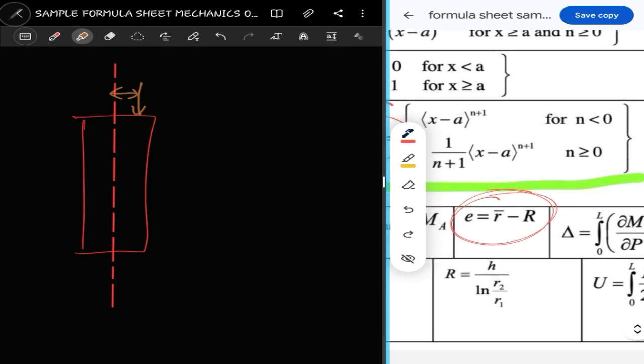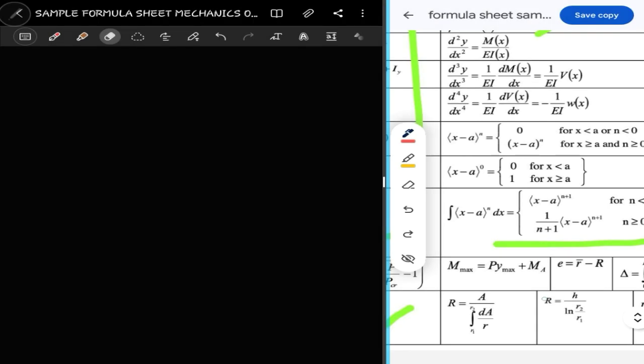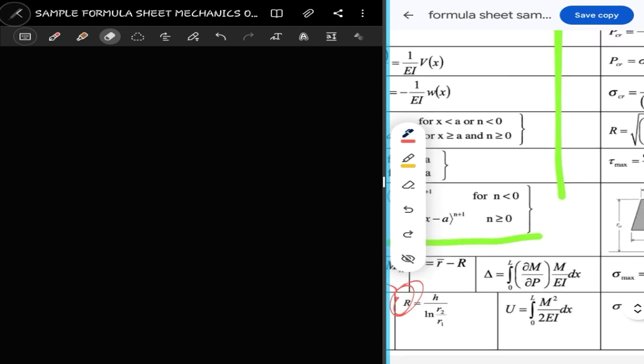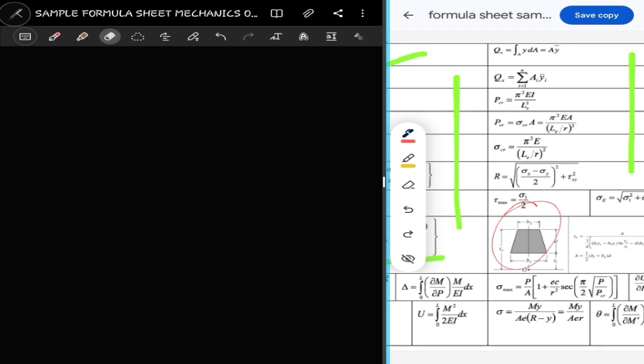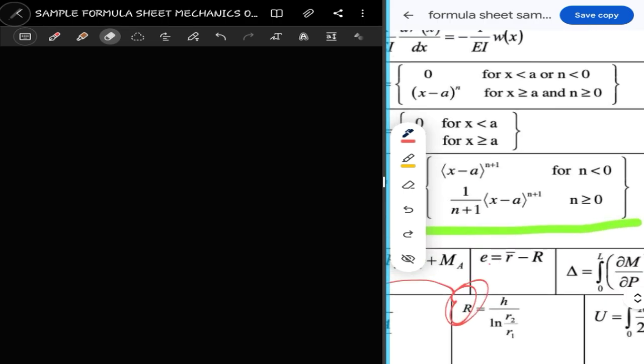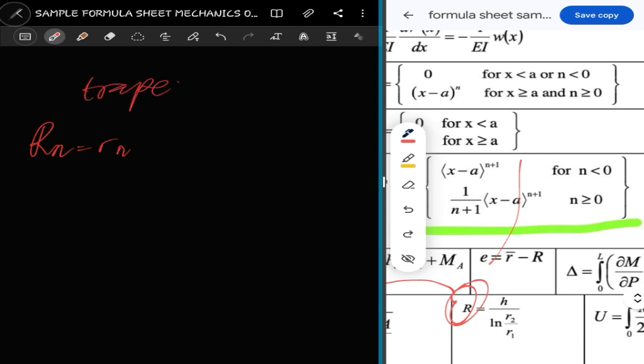That's the general formula. This R here, and this one right here is the same as the Rn here, right? But this one is a specific one for the trapezoidal section, something of this sort. But then the slight difference here is that the basic formula for the Rn of a trapezoidal section is this.